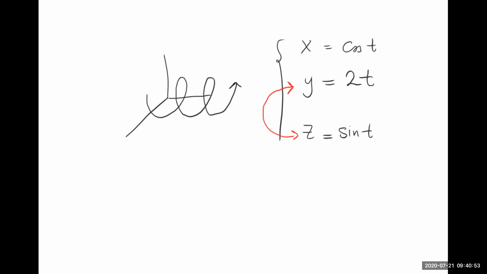So for example, if I ask you to just give a sketch, not very carefully, just very approximately, sketch this thing: x equals t, y equals cosine of t, z equals sine of t. What would be the direction of this helix?